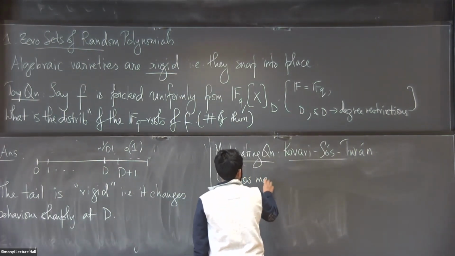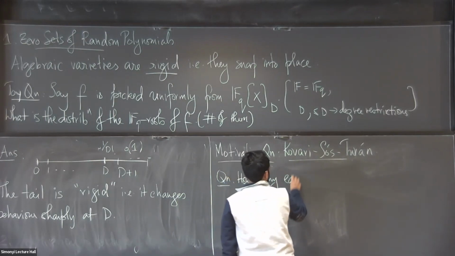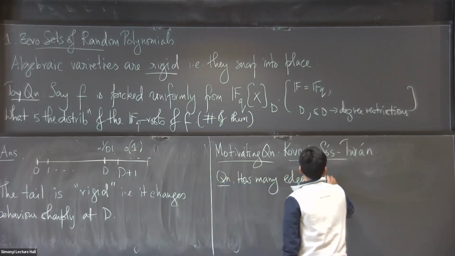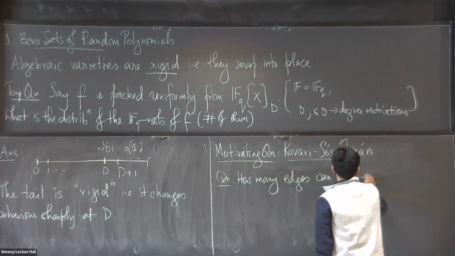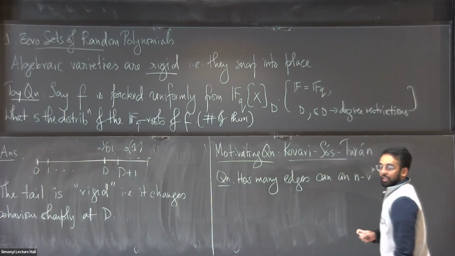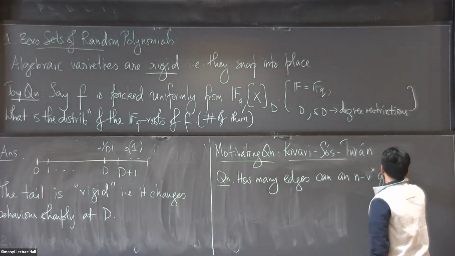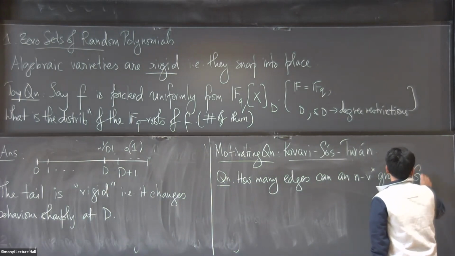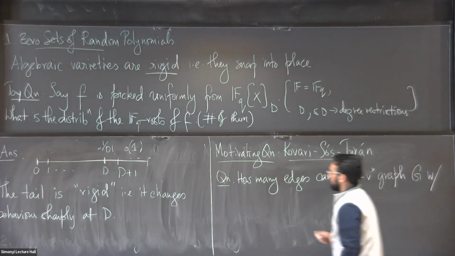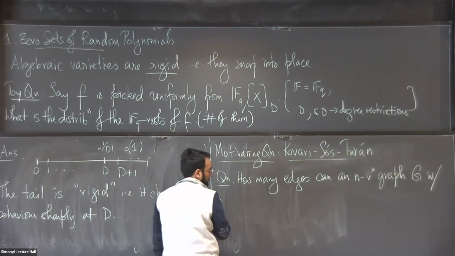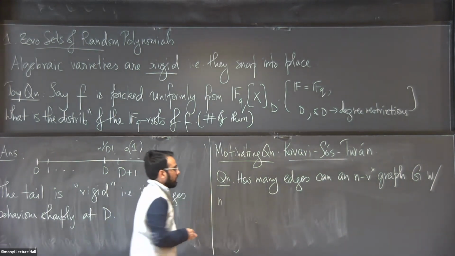how many edges can an n-vertex graph G have if it doesn't contain any copies of a fixed complete bipartite graph?